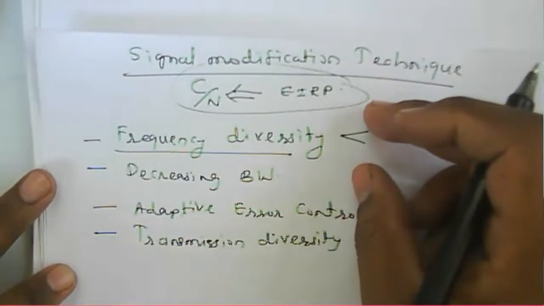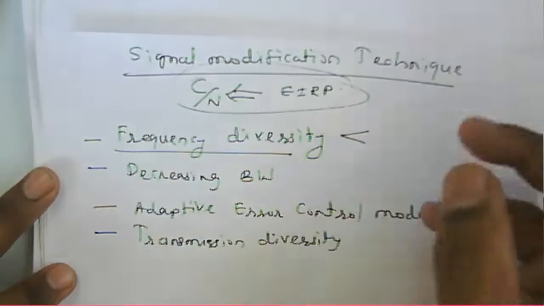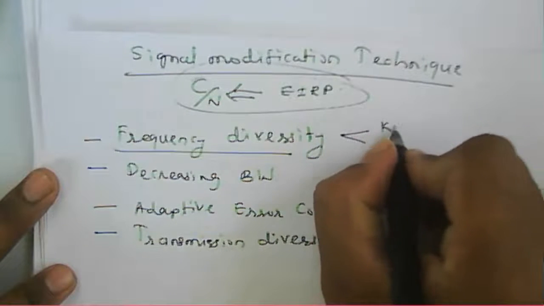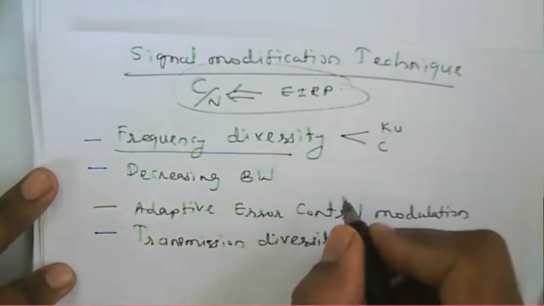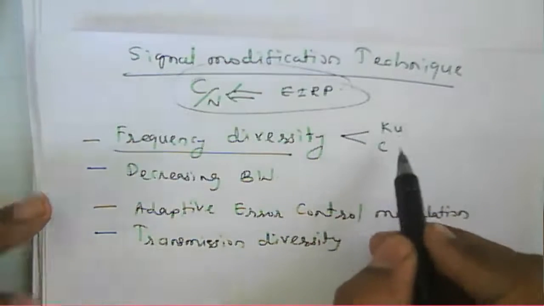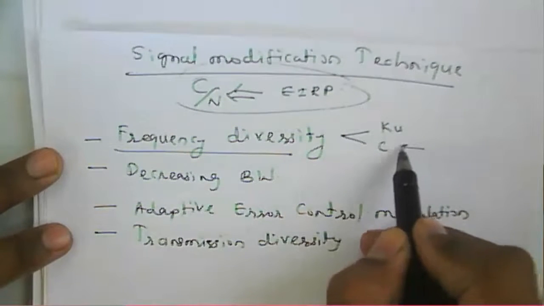So in that case, we need to switch the frequency of operation when there is rain. Suppose our satellite works in the Ku band or the C band. Rain attenuation at the Ku band will be higher, but at the C band it will be lower.